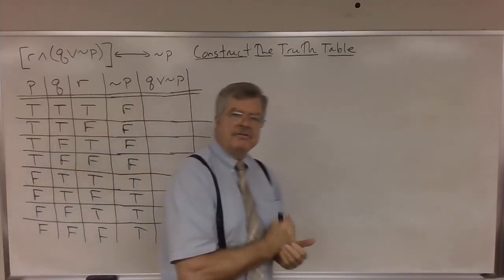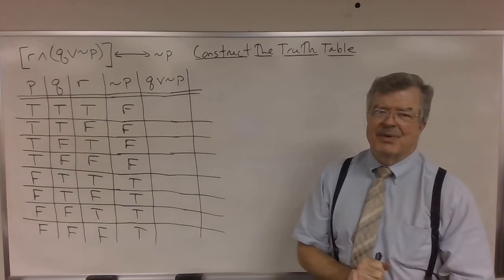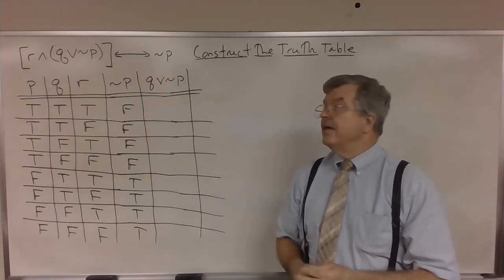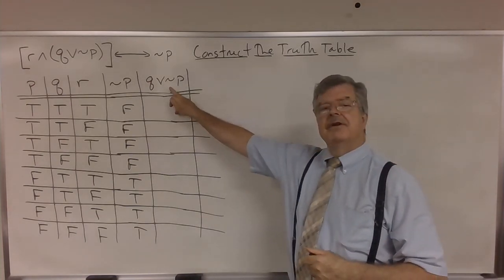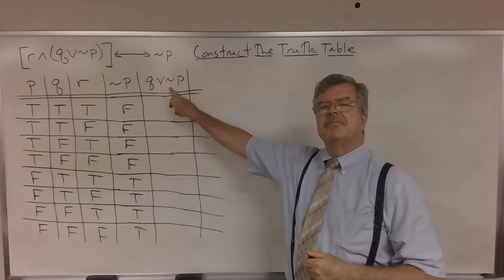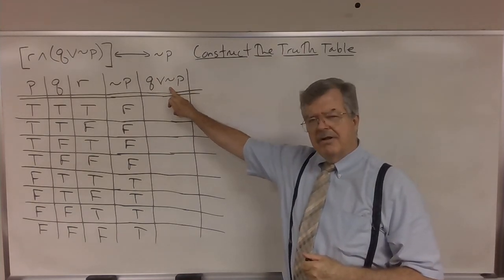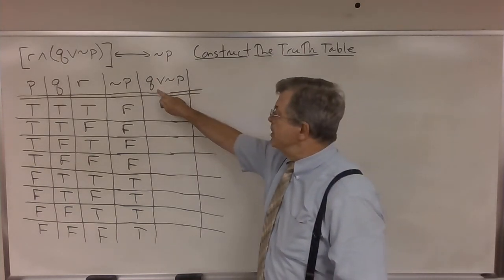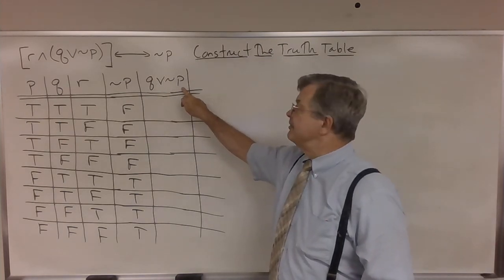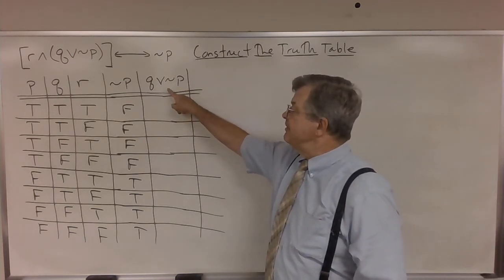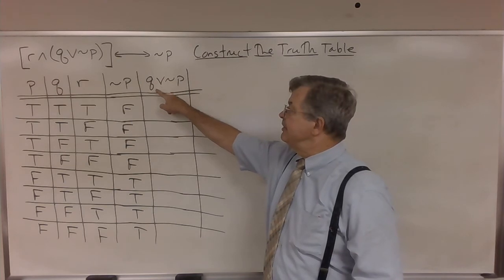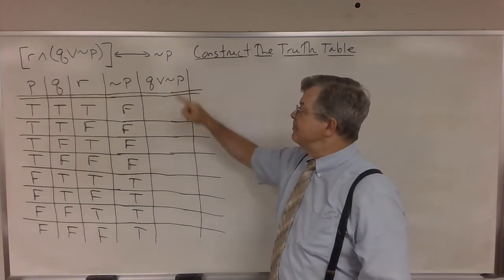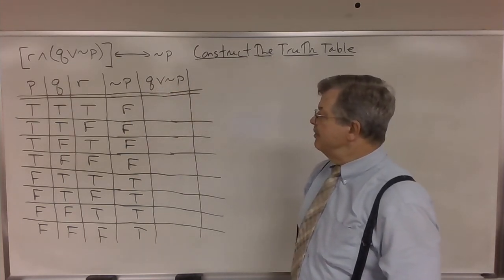What's the special case for an or statement? The only time that an or statement is false is when both of the individual statements are false. So this will be false exactly when Q and not P are both false.